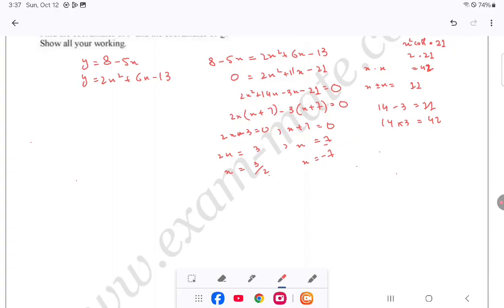Now put these two x values in any given equation. We should use the first equation because it is a linear equation, and we can simply calculate the value of y. Y is equal to 8 minus 5 times the first x1, which is 3 over 2. Y1 gives the value of 8 minus 5 into 3 is 15 over 2.